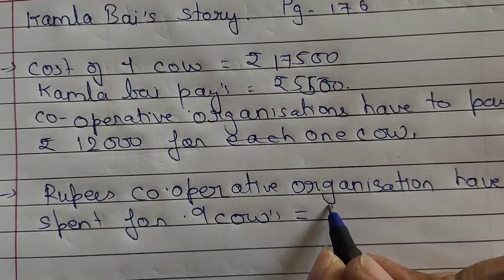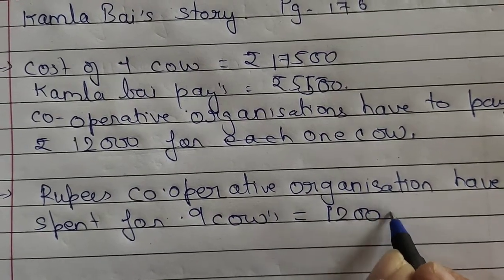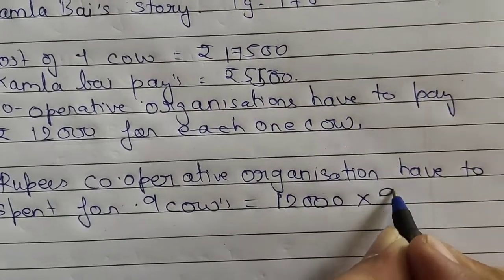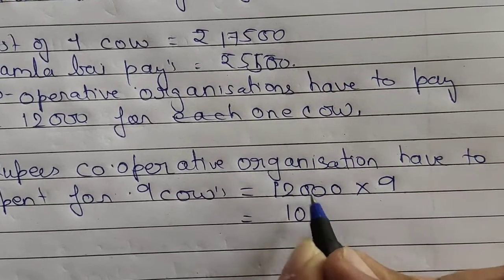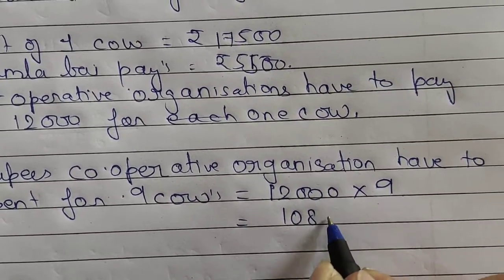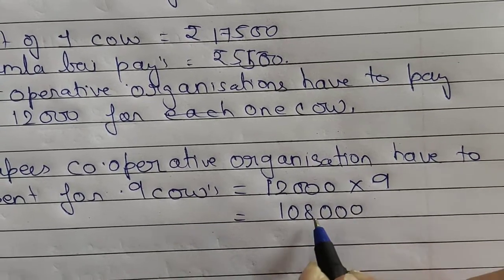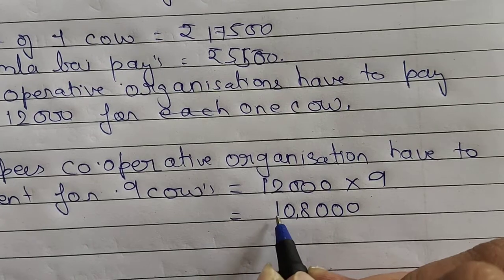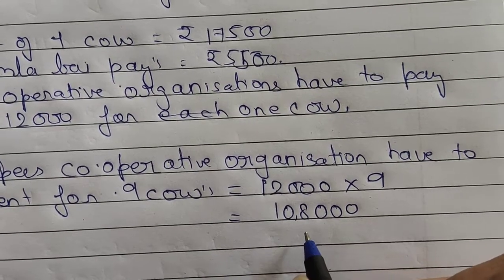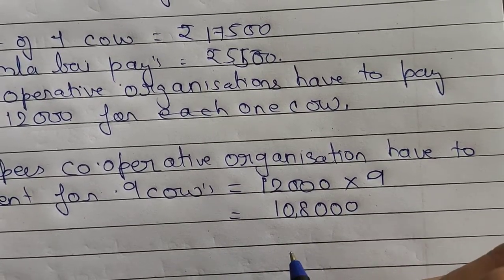So for 9 cows, 12,000 multiplied by 9. 12 nines are 108, and then 3 zeros at the back. So it is 10,08,000 rupees they are supposed to spend.